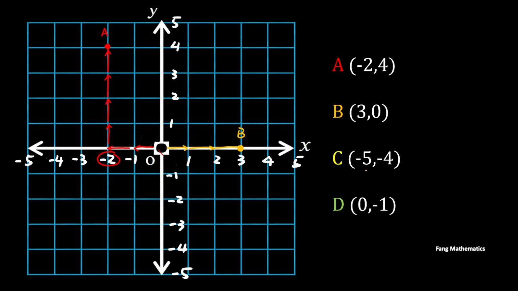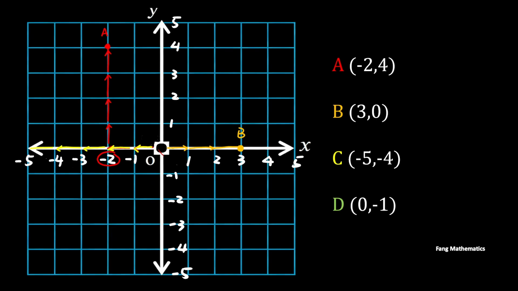Using this method, we do C. C is (-5, -4). We do the -5 first. So 1 unit, 2 units. You are moving towards the left because it's a negative number. 3 units, 4 units, 5 units.